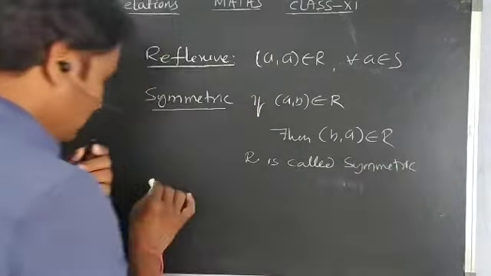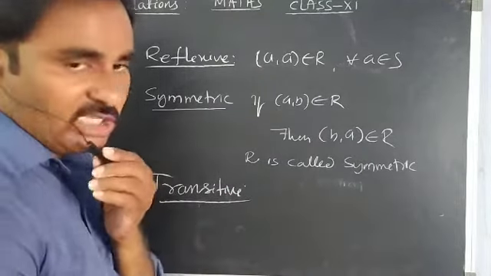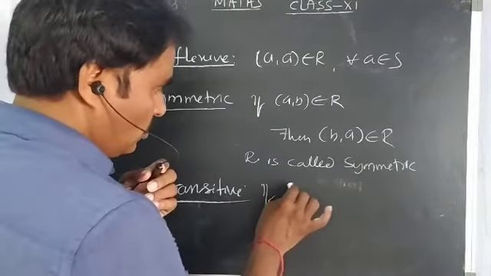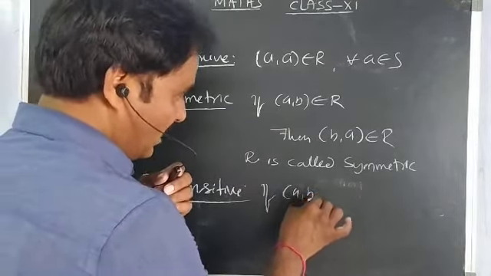Next, the transitive condition. A relation is said to be transitive if any two ordered pairs exist in R such that the second element of the first ordered pair and the first element of the second ordered pair are the same, (a, b) and (b, c).